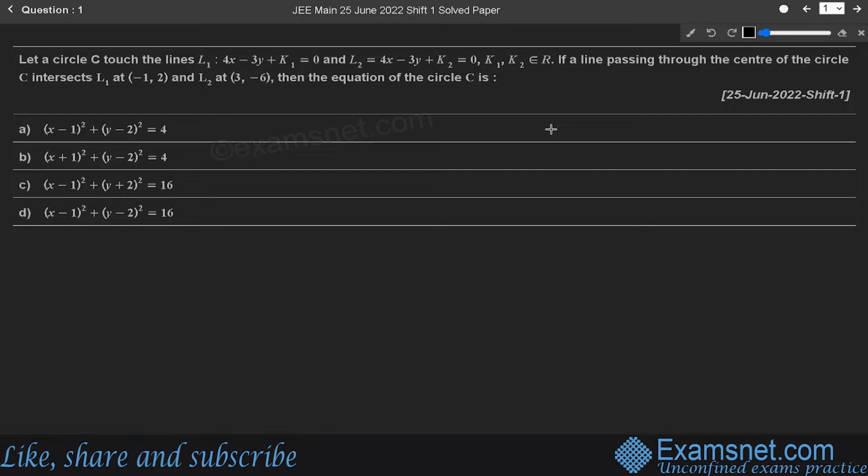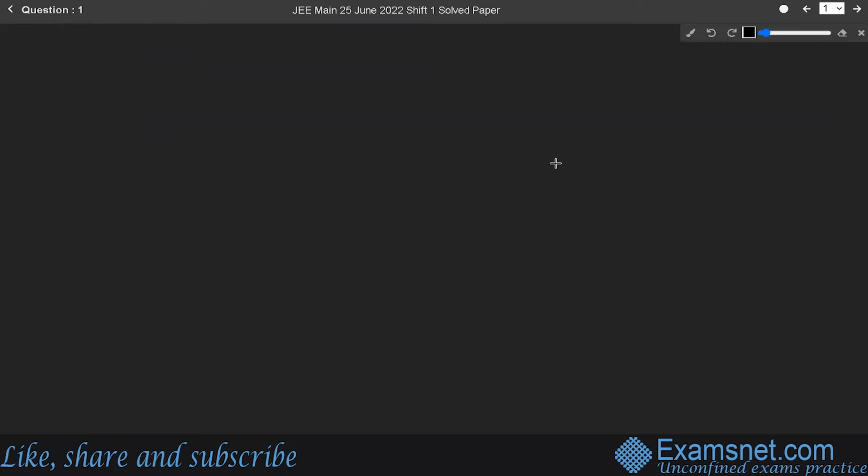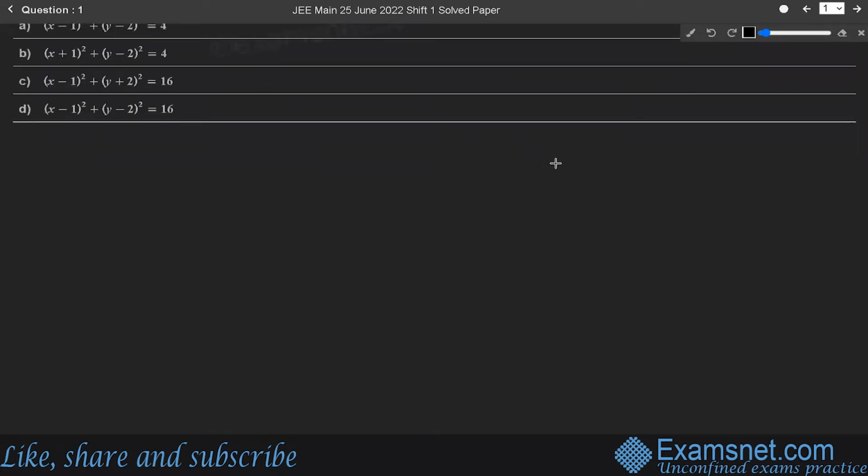So for this question, first let us understand the required diagram. Let this be the circle, and considering two lines L1 and L2. Let this be L1, which is 4x minus 3y plus k1 is equal to 0.